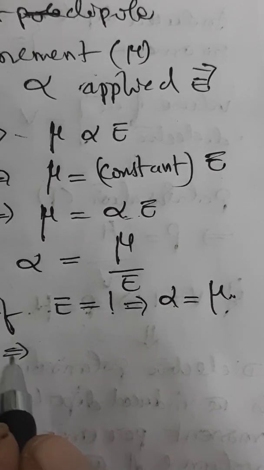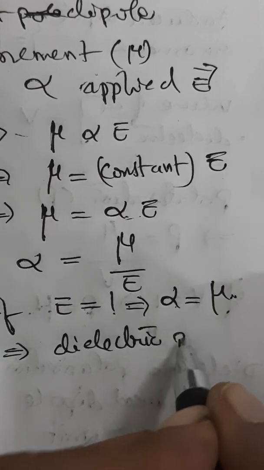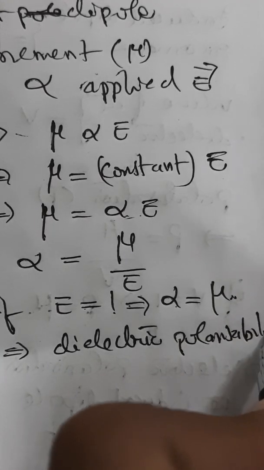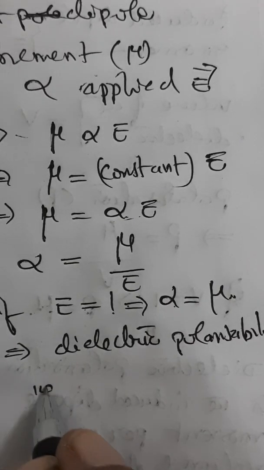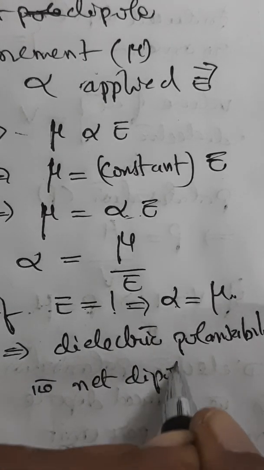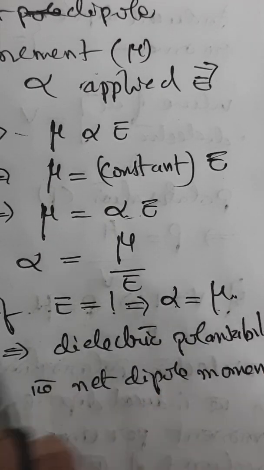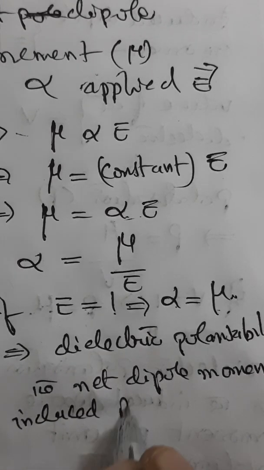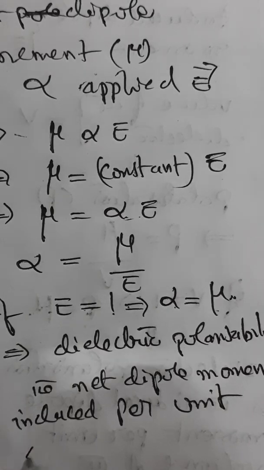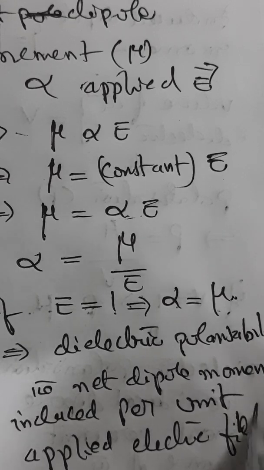So again you can define from this that dielectric polarizability is the net dipole moment, that is mu, when E equals 1. So the net dipole moment induced per unit applied electric field. In that way also you can give the definition for dielectric polarizability.